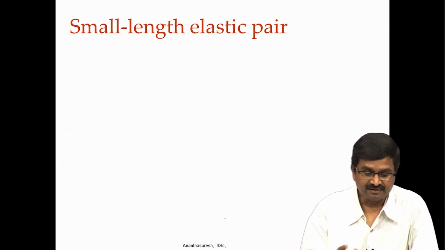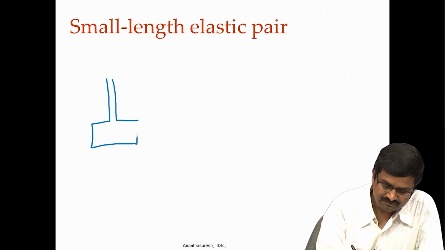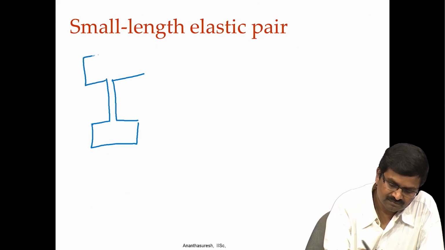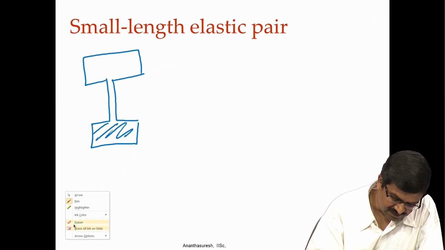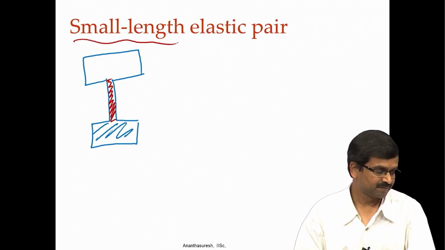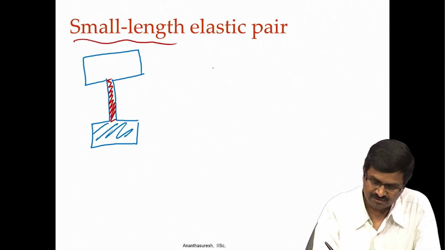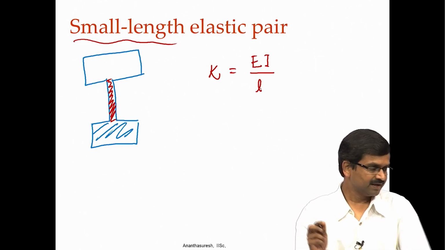There is another thing, this small length flexure. So, when you take it like this, this is fixed, and now the focus is on this little thing. This is the small length flexure, it has small length. For that one we can write, using just simple beam theory, this kappa as EI by L. Okay.